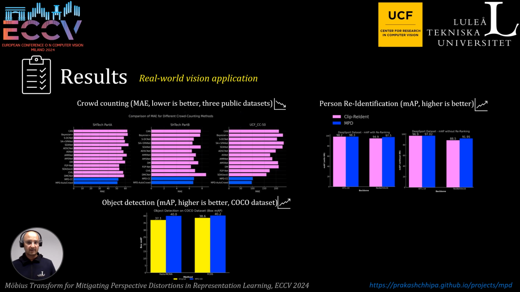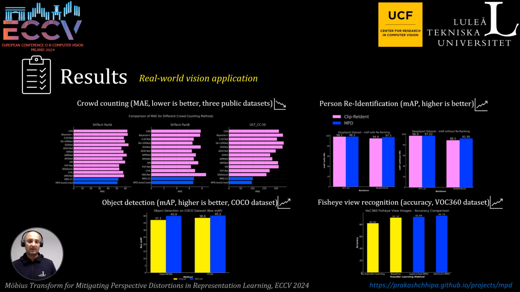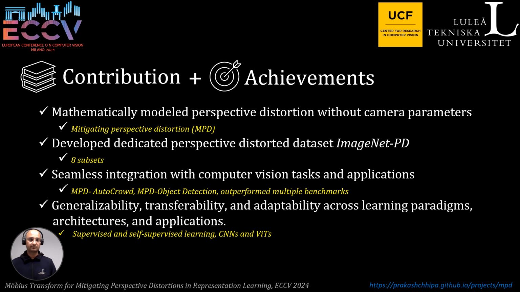Similarly, on object detection, we are able to improve the performance from the baseline by 3%. And the transfer learning capacity on fisheye view recognition is also seen on the VOC-360 dataset, where both the supervised and self-supervised models show performance improvement.